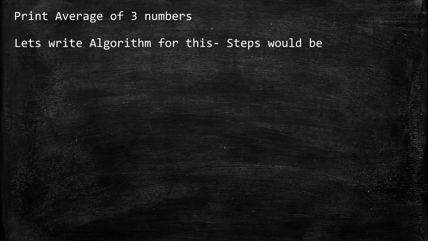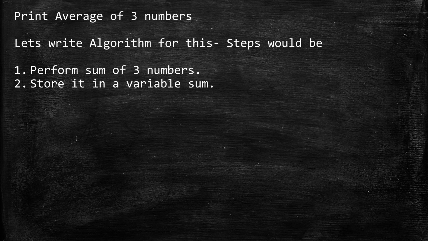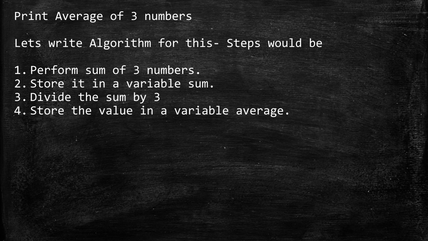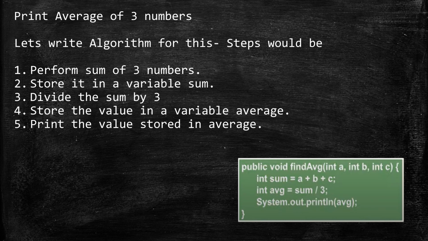The steps would be: perform sum of three numbers, store it in a variable sum, divide the sum by 3, store the value in a variable average, print the value stored in average. These are the 5 steps. So this would be the sequence of the steps which we should perform to find the average of three numbers. Hence, these set of instructions are referred to as the algorithm.